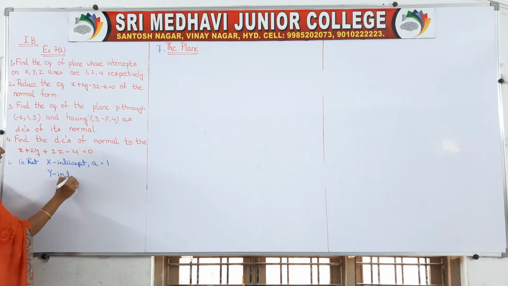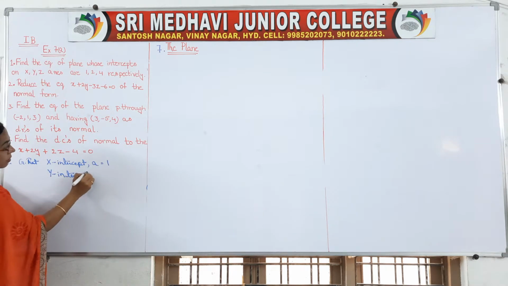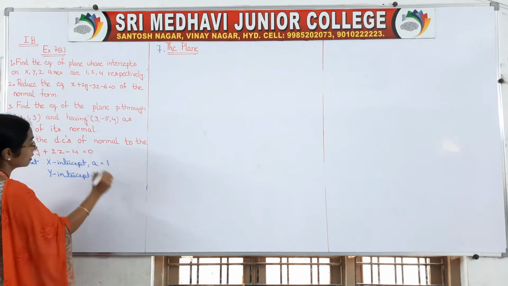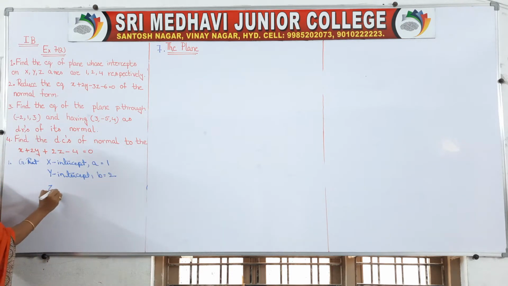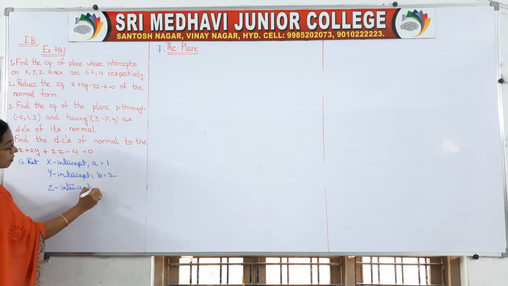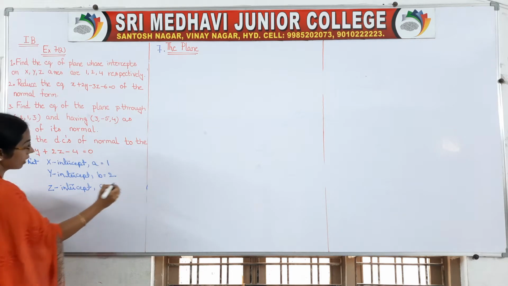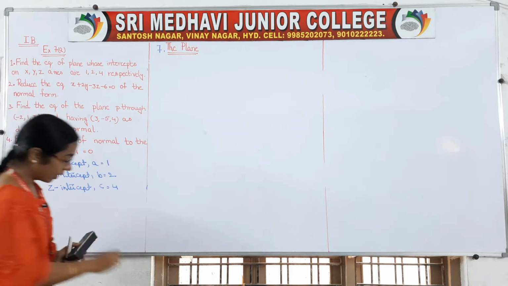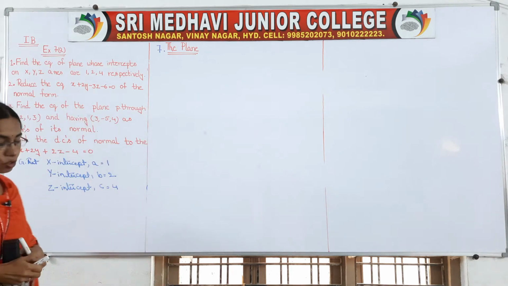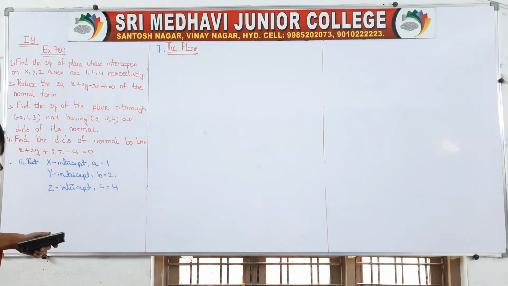The y-intercept, that is b, is given as 2. The z-intercept c is given as 4. So here we have to find the plane equation which contains these intercepts.